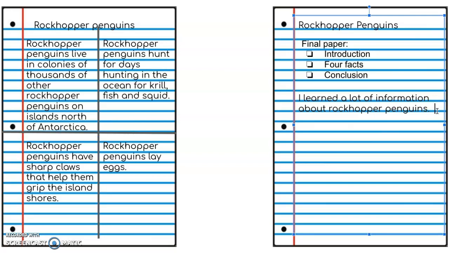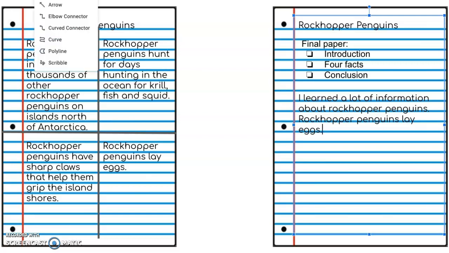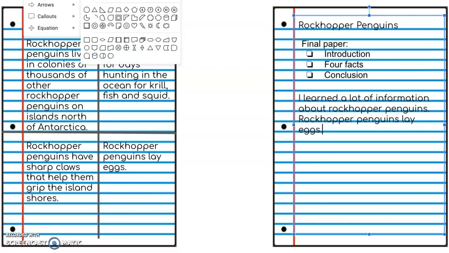So rockhopper penguins lay eggs. And then I need a period at the end of that sentence. So I'm going to put, just so I remember, I was going to do a star, but I don't see a star.